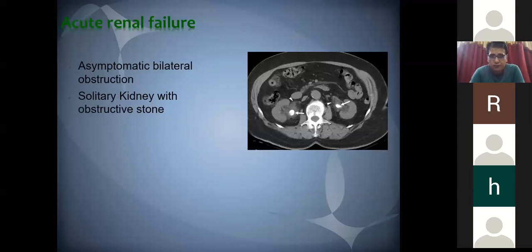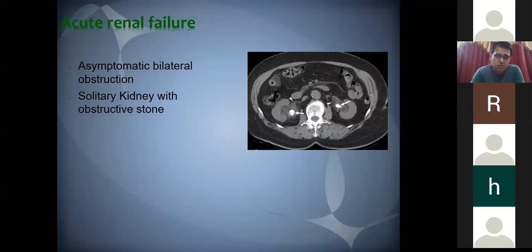Okay, if there is bilateral obstruction of the kidneys because of stones, and there's bilateral hydronephrosis, and there's complete obstruction, what happens? The urine cannot trickle down from the ureter. And this can lead to post-renal azotemia, which can lead to acute renal failure, and the creatinine will jump.